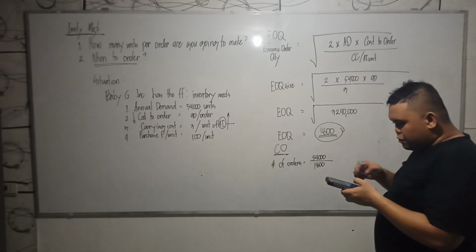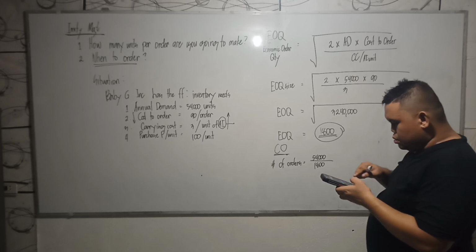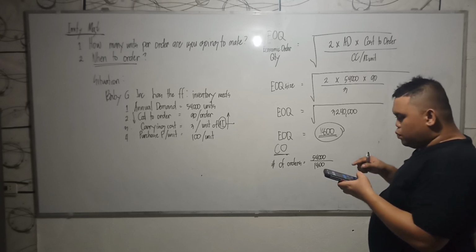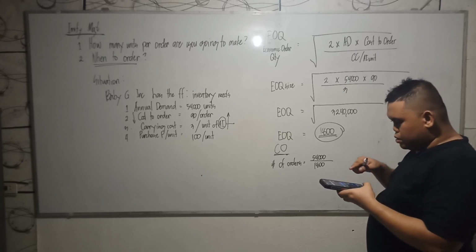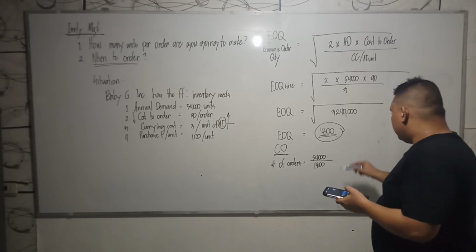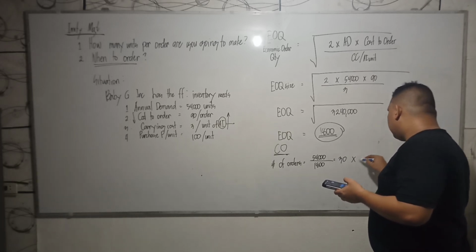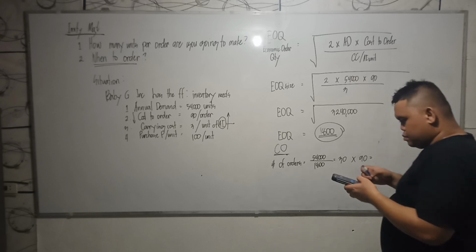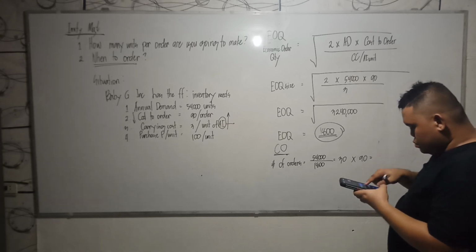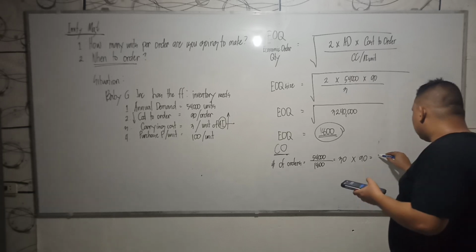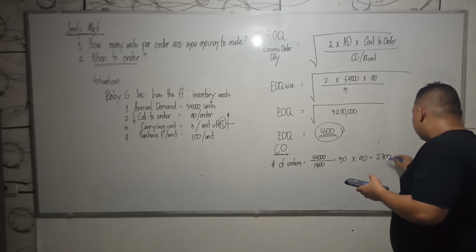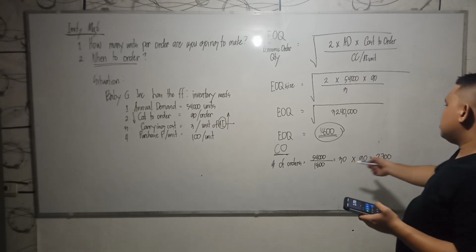So if you need 54,000 and you have to order 1,800 per order, then that means you have to order 30 times. So 30 times 90, that's 2,700. Okay? So that's the total cost to order.